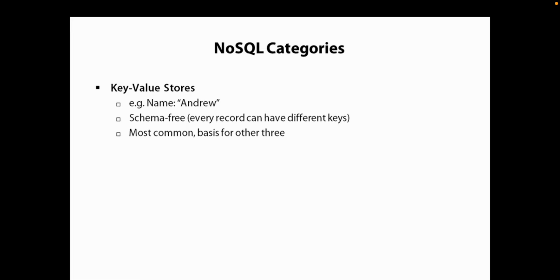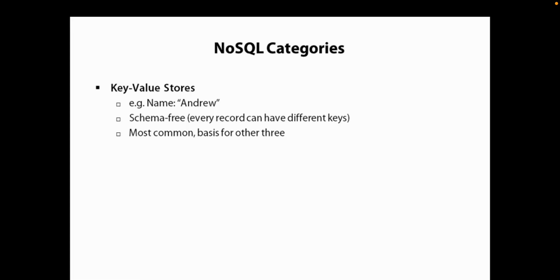Typically, all the rows in a table will have at least a similar structure, but they actually don't really have to. They can be completely different. Key value stores are the most common type of NoSQL database, and as it turns out, the other three types are often implemented using key value stores as the underlying infrastructure.